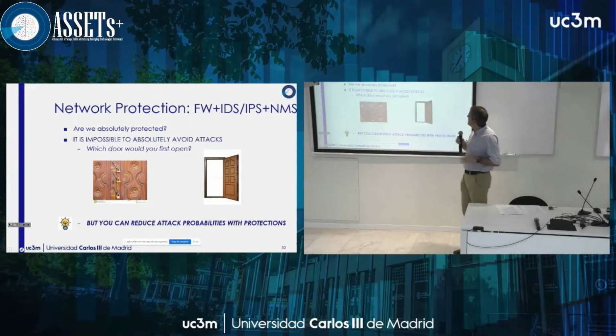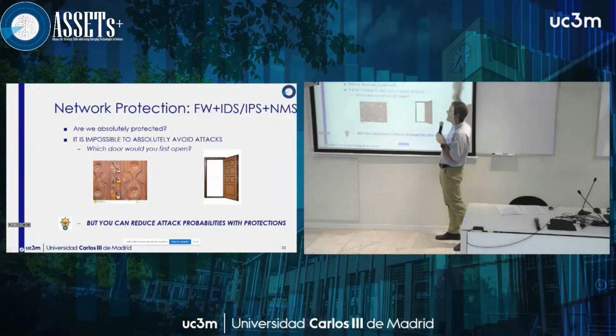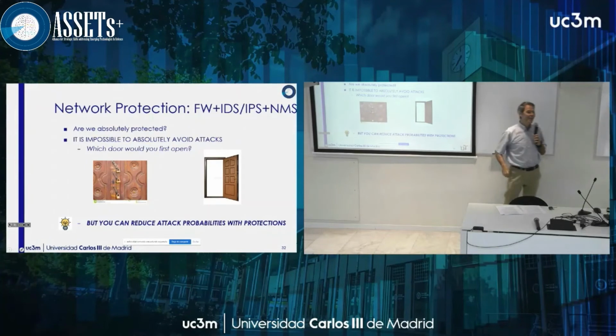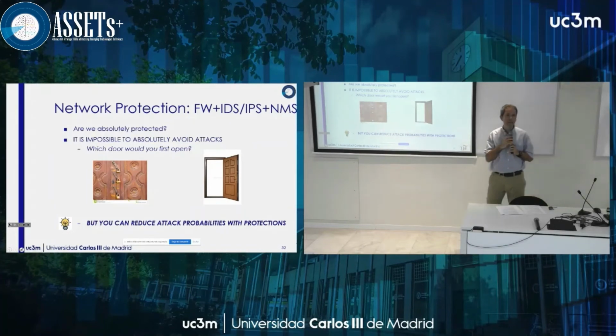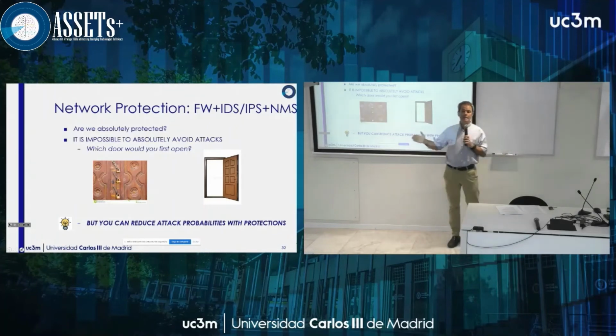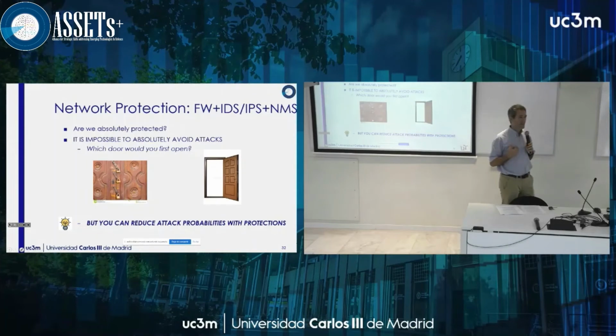So with every kind of network protection, we are not absolutely protected. It's impossible to avoid the possibility of having an attack. But the more protection mechanisms we have, the lower the probability of being attacked. Okay?